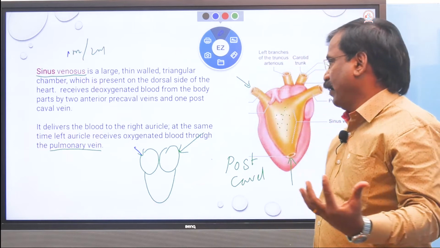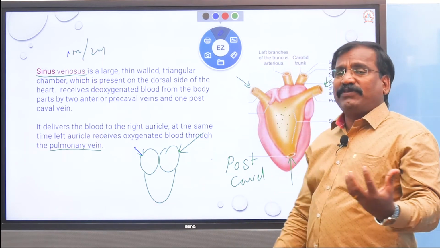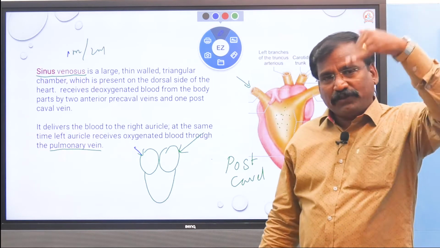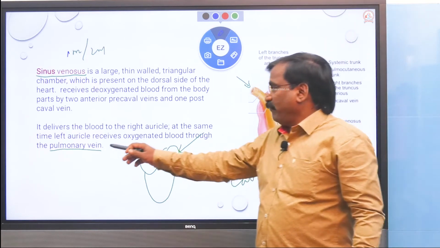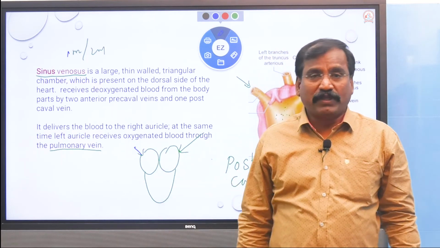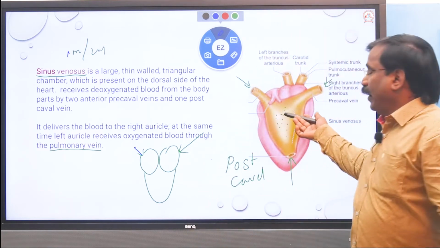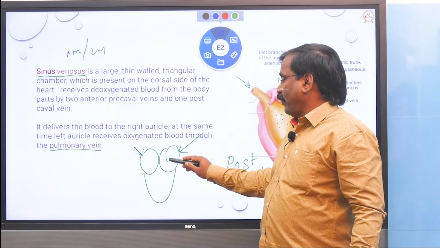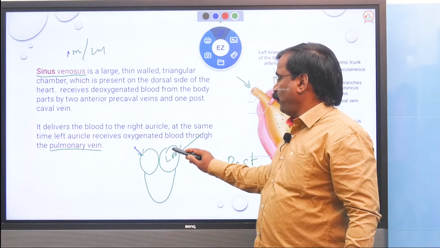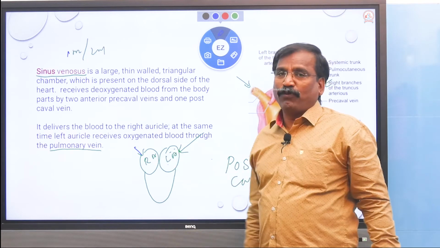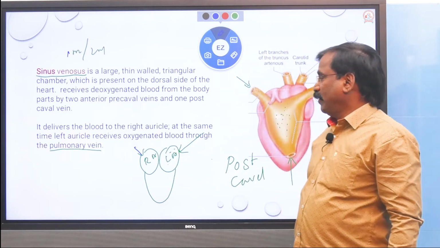A vein is usually a blood vessel which carries blood from the body parts towards the heart. So the pulmonary vein carries the pure blood from the lungs and pours it into the left auricle, meant for pure blood, and the right auricle is meant for the impure blood.